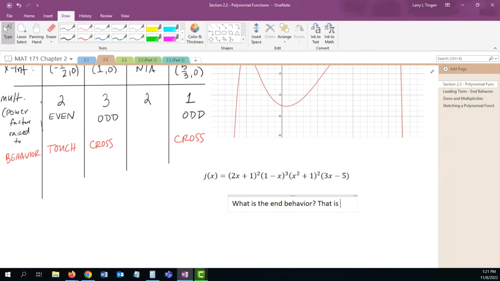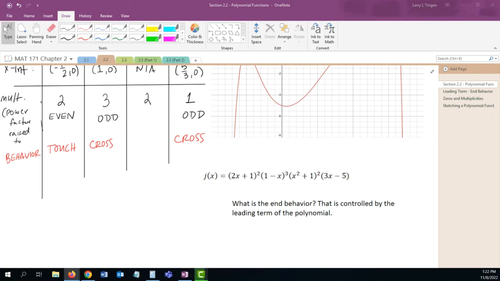That is controlled by the leading term. Okay, why is that? Well, let's take something super easy first, and then let's see if we can expound on it.